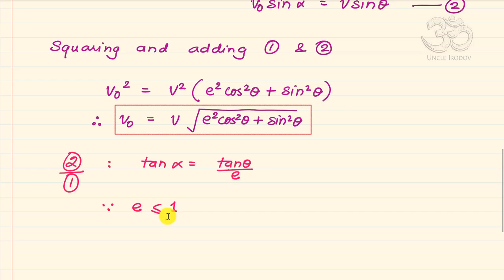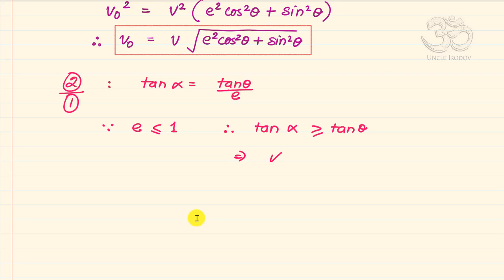So because E is going to be less than or equal to 1, therefore tan alpha is going to be greater than or equal to tan theta, signifying that alpha is greater than or equal to theta, because we are in the domain 0 degrees to 90 degrees.